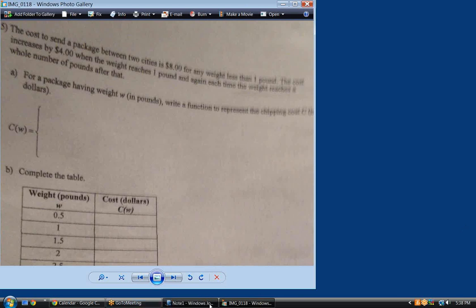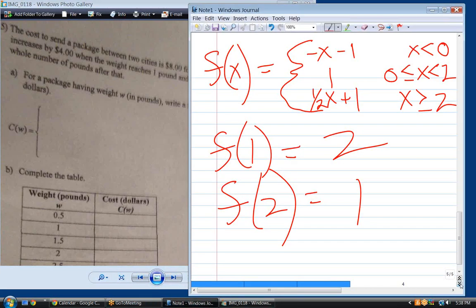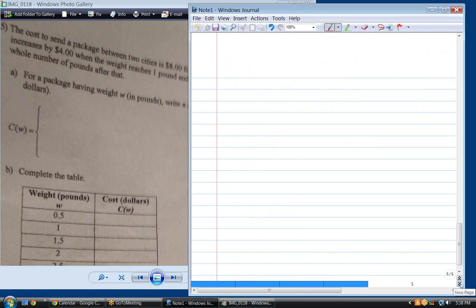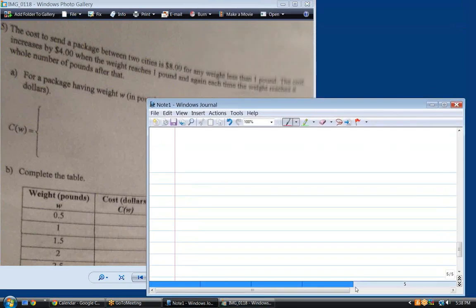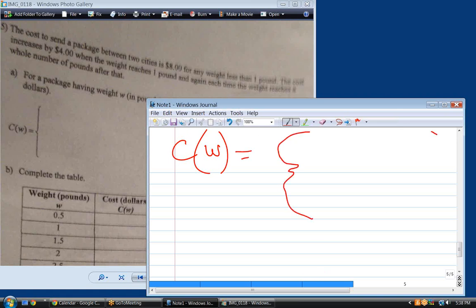Well, this has the appearance of a piecewise function, correct? Okay, so let's make a function. Cost of W, with W being the weight. What goes here?